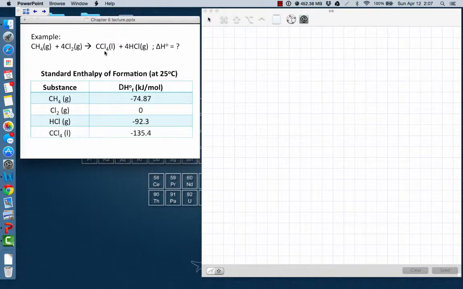Now remember, we have to do the products minus the reactants. So here's our chart with all of them in there. And you notice that Cl2, that's chlorine, is 0 because that is in its standard state. Chlorine is one of those diatomic molecules, and it is just in its standard state already, so it doesn't have to be formed. All the other ones have to be formed, and we can look those up in a table, and we're going to use those to make this calculation.